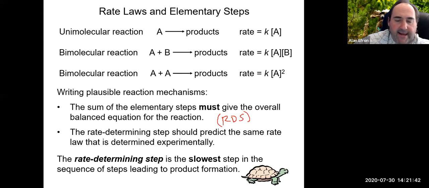reaction. And for the rate determining step to help you determine if it's a good mechanism or bad mechanism, the rate law for that step should always equal the rate law of the overall reaction.